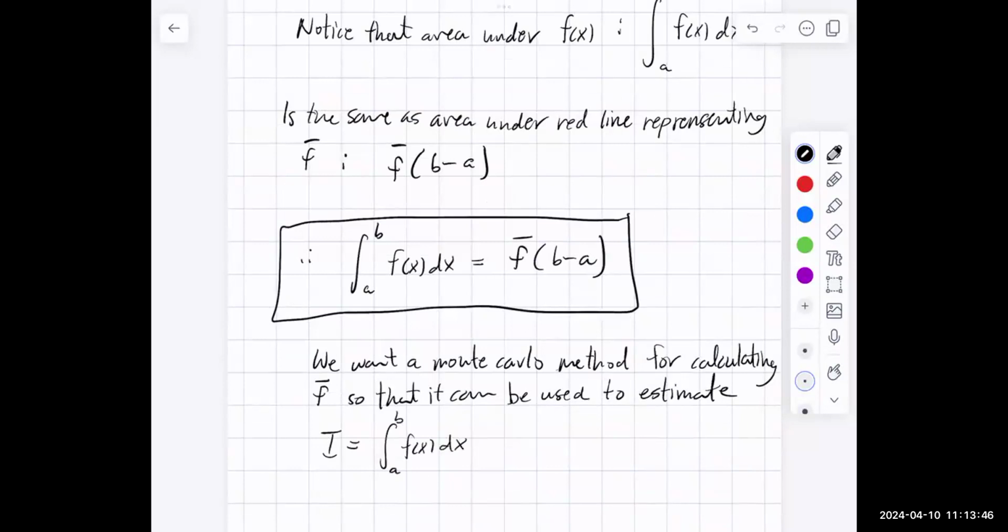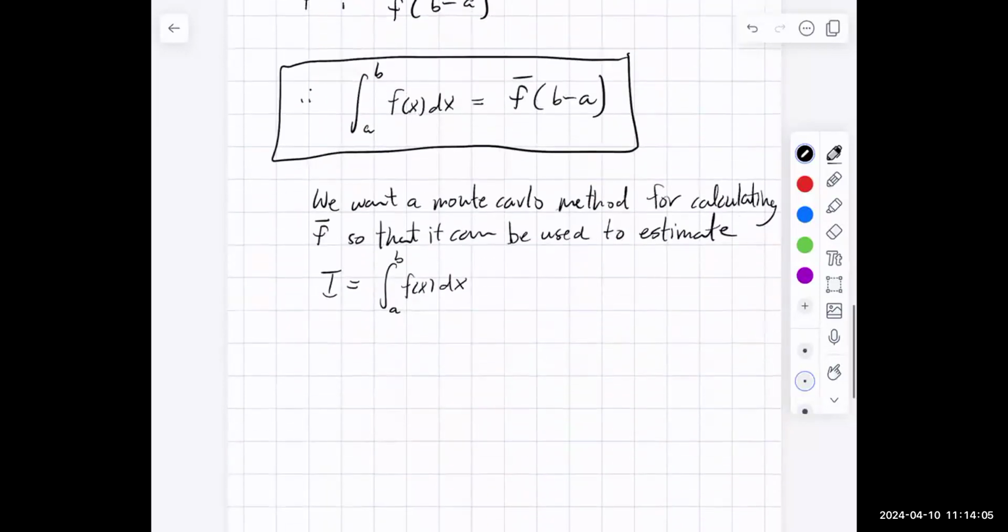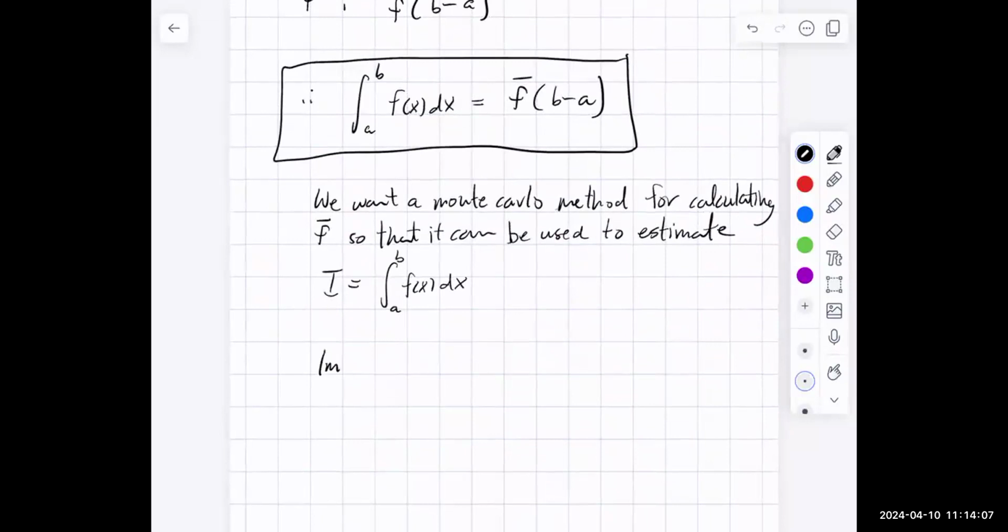And what's nice about this is we could pick whatever we want for our integration limits, because that's just going to change the width of our box, and we can easily modify our calculation so that we incorporate that. Okay, so the implementation is the following.